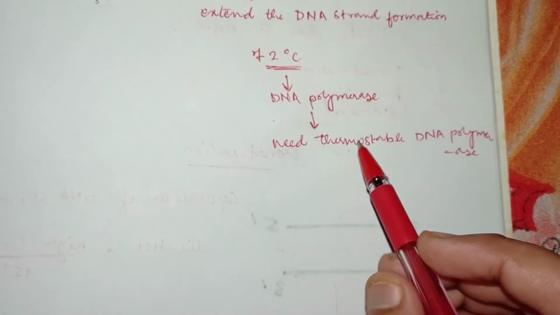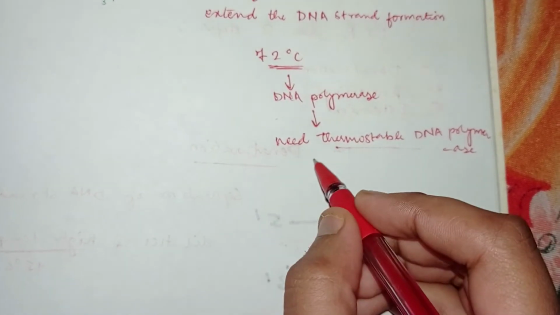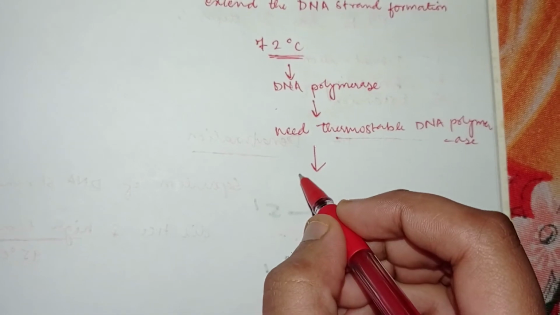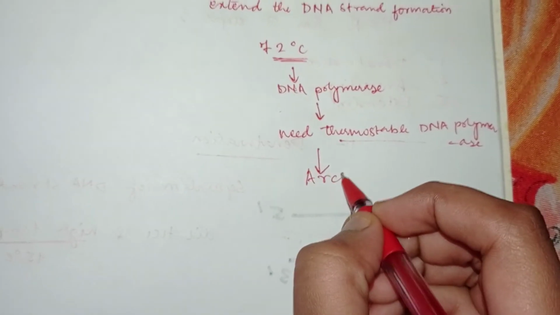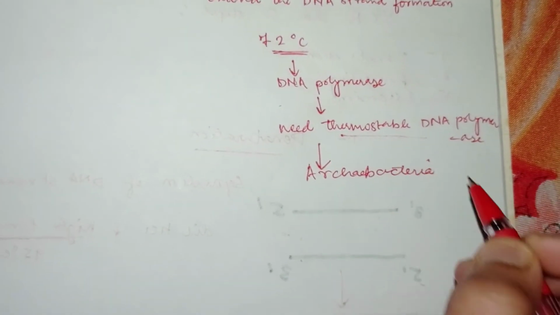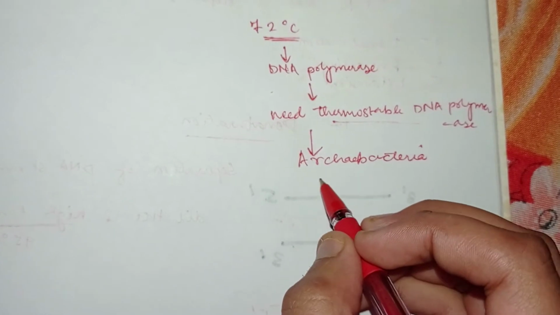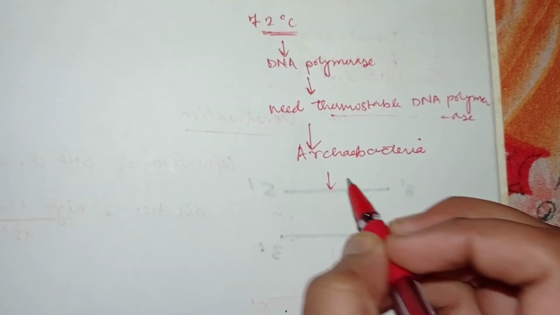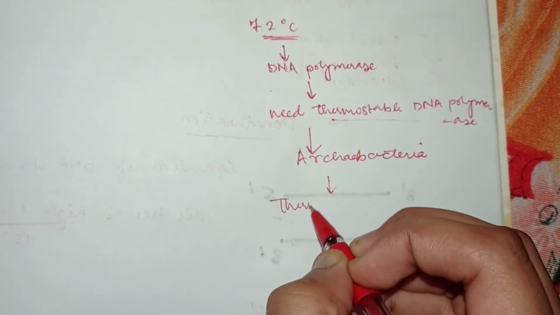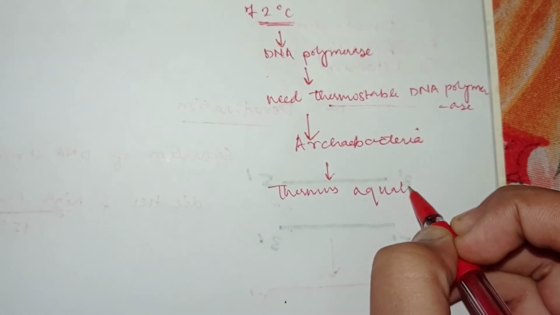We will remove this thermostable DNA polymerase enzyme from an archaebacteria, which is a thermophilous bacteria, and this bacteria is Thermus aquaticus.